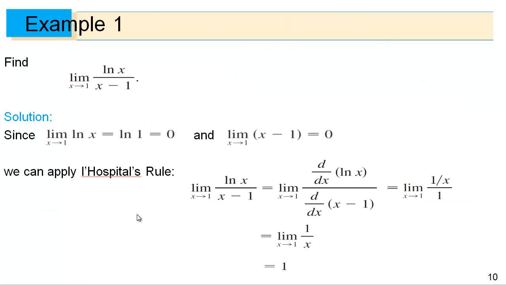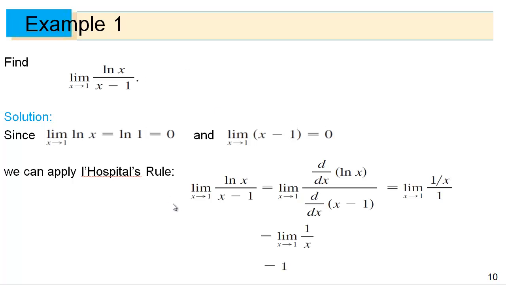All right, let's see an example of how we can apply this. So we're back to the first one that we were looking at, natural log of x over x minus 1. Remember, we can't use our original techniques of factoring or dividing by the highest power of x because the top isn't a polynomial. So we're going to apply L'Hopital's rule instead, because the limit as x approaches 1 of the top is equal to 0, the bottom is equal to 0, so we have 0 over 0.